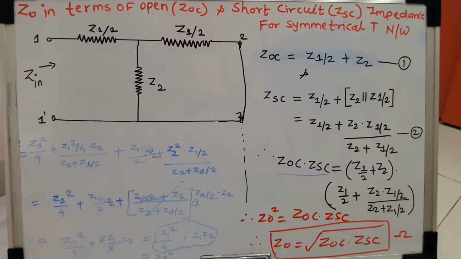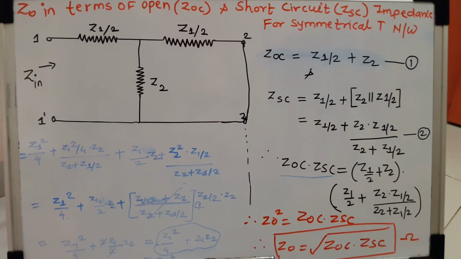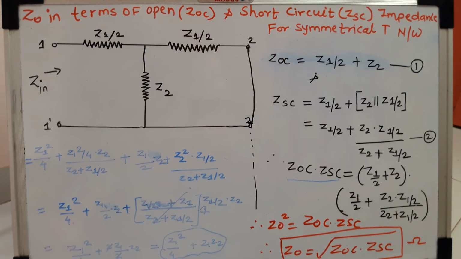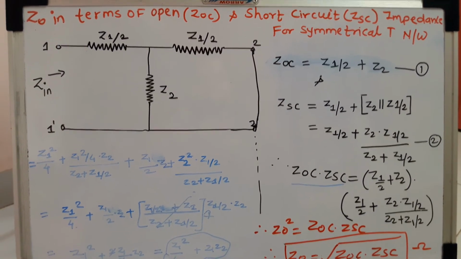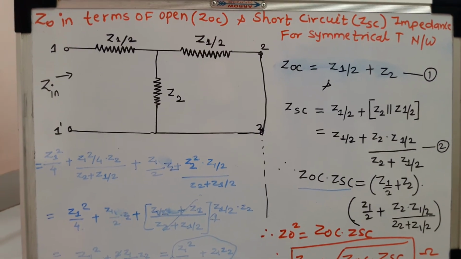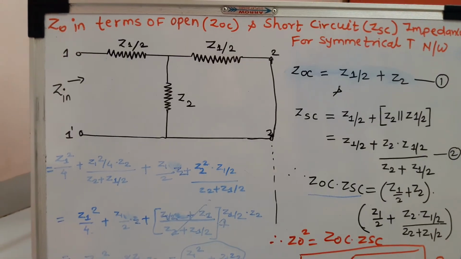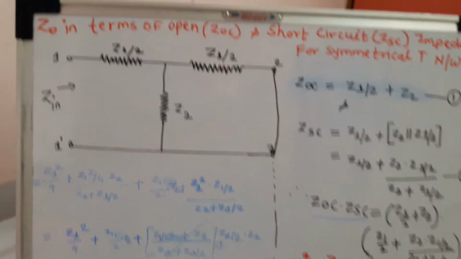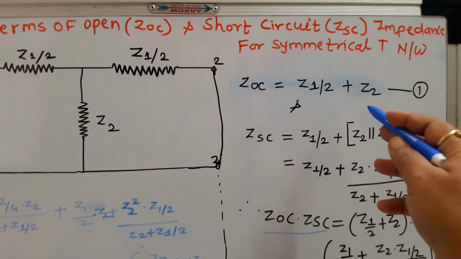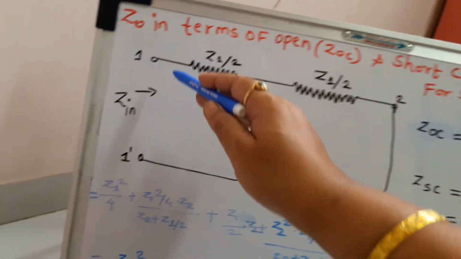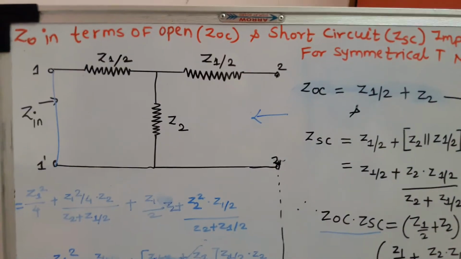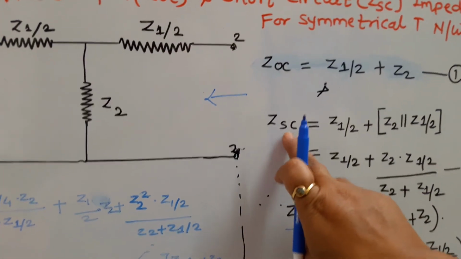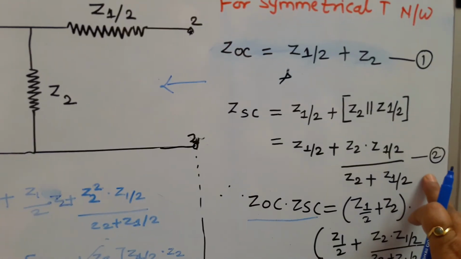As this is a symmetrical T network, ZOC and ZSC will be the same from the left hand side as well as the right hand side. That is, if we open circuit the 11 dash terminal and look from the right hand side, this value will be the same. Also, if we short circuit 11 dash and 22 dash is open and we look from the right hand side, ZSC will be the same as that of equation number 2.